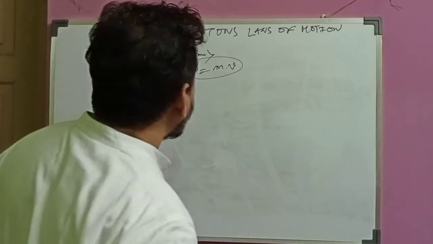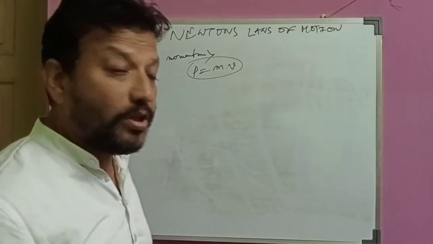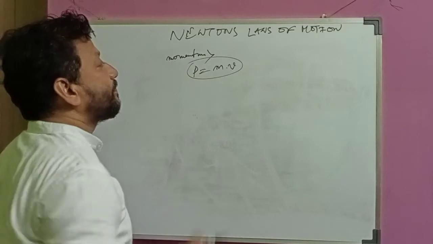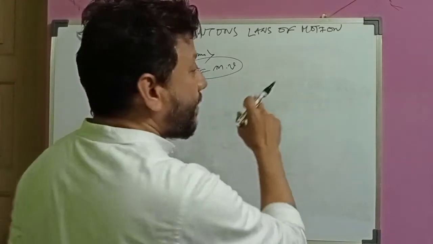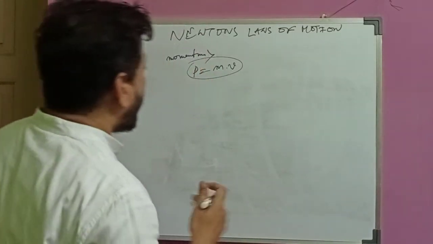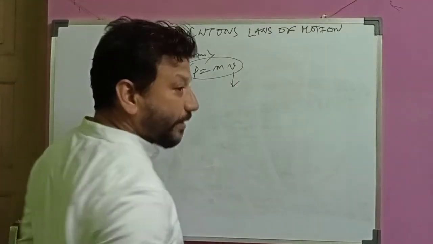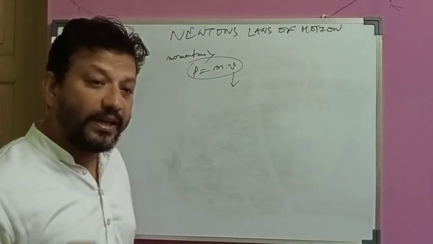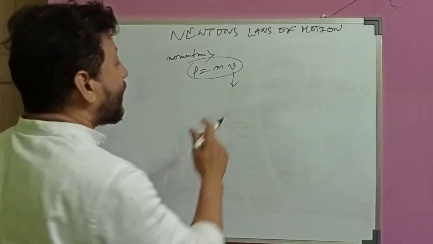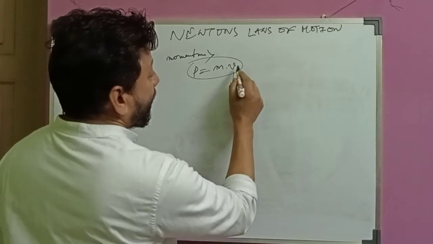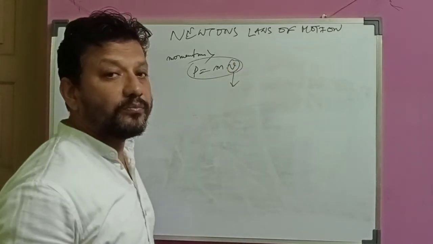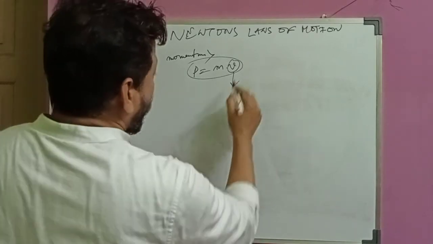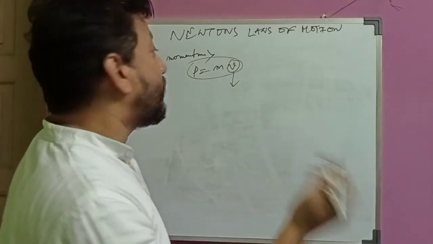Now, from Newton's first law, these are the first postulates. The momentum P is equal to m into v. Now, this v, what we learned from the motion in a straight line, what have we learned?